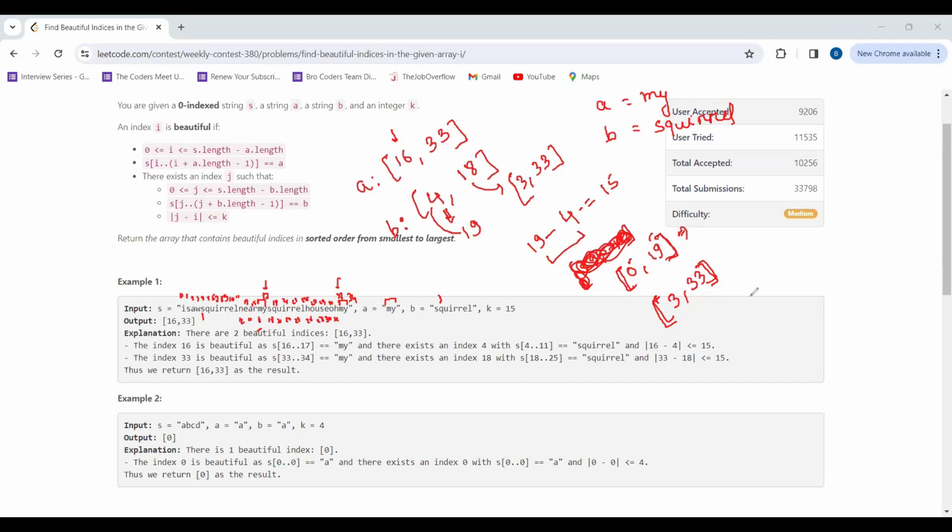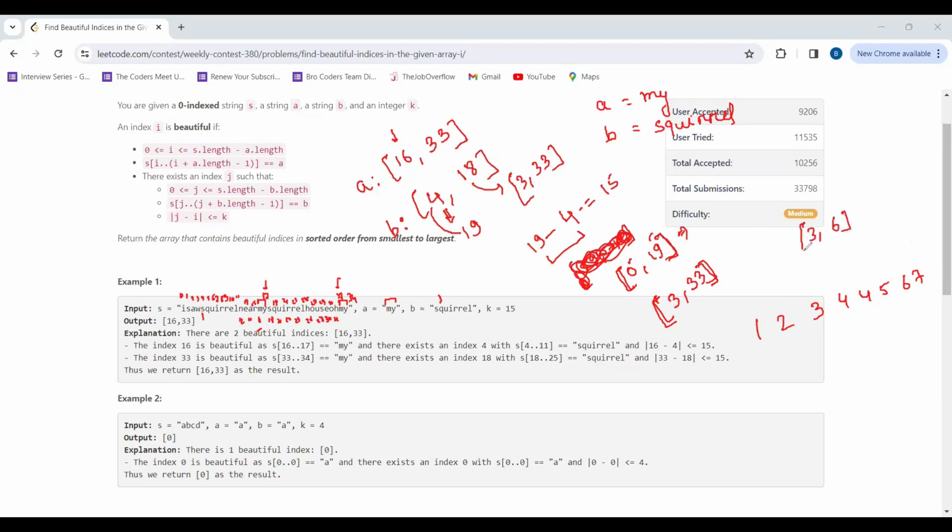So a lower bound or upper bound. Let's take a quick short example: 1, 2, 3, 4, 4, 5, 6, 7. Now we need to find all elements which are in the range of 3 to 6.